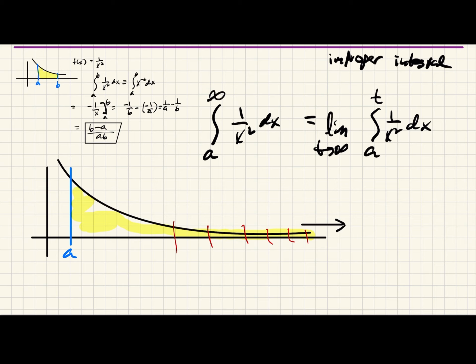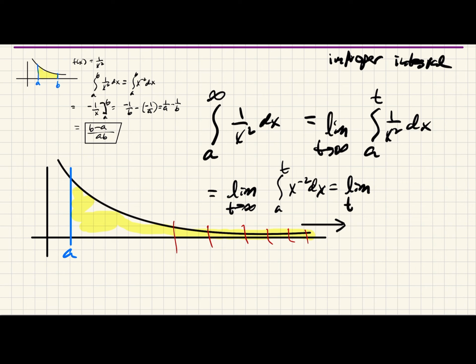Okay, so then, what do we do? Well, I'm going to integrate it the same way, right? That's just an integral right there. So I would have the limit as t goes to infinity of, I'm going to do the same thing. I'm going to go integral a to t, x to the minus 2 dx, just to do this out bit by bit like we would if we were doing this.